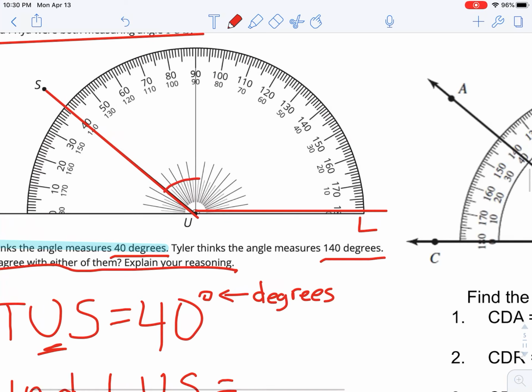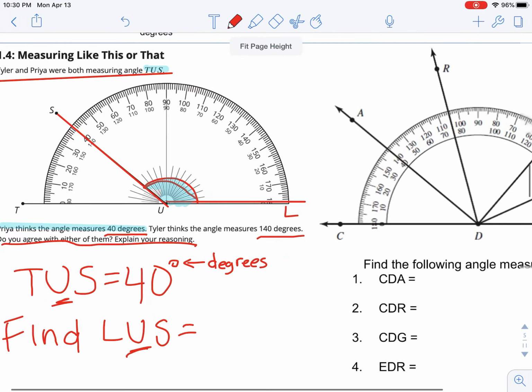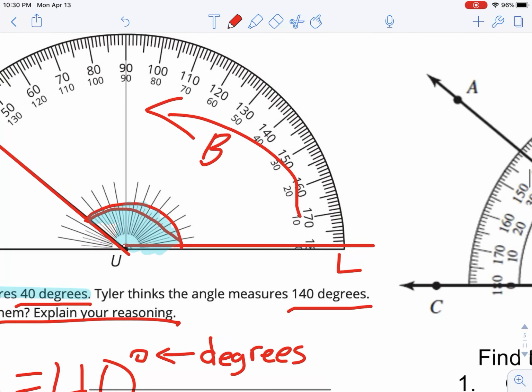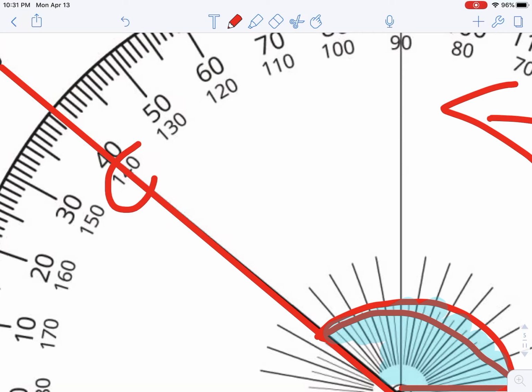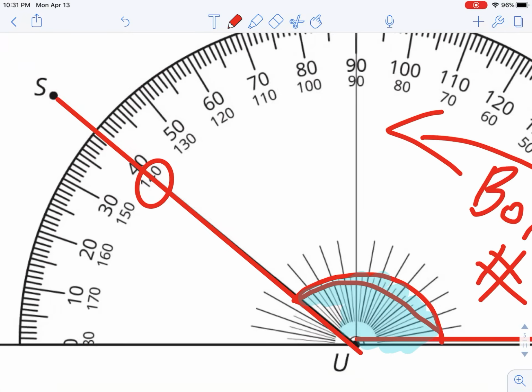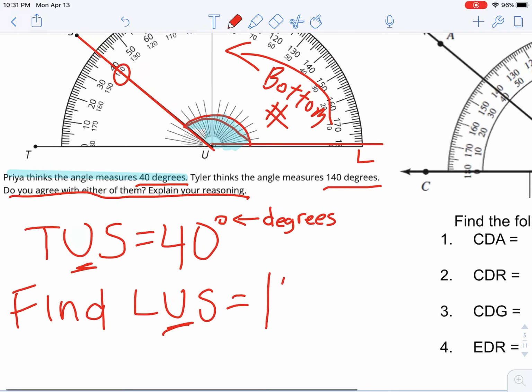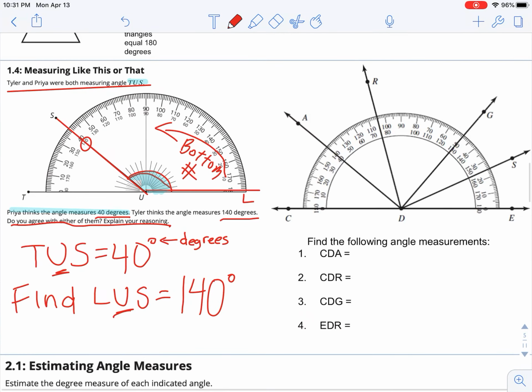So the angle we want to find is this big angle right here. If I'm going from right to left, I read the bottom number. What's our bottom number when it stops at S? 140. So LUS would equal 140 degrees. All right, so that's our example.